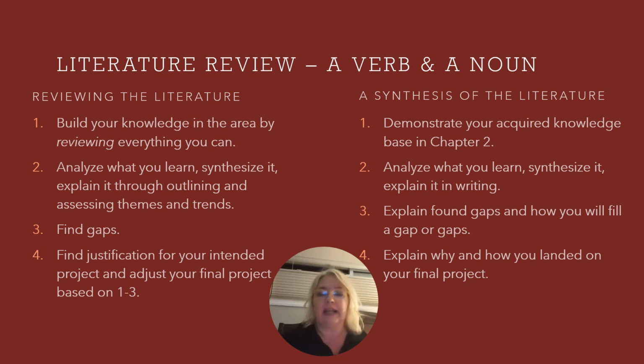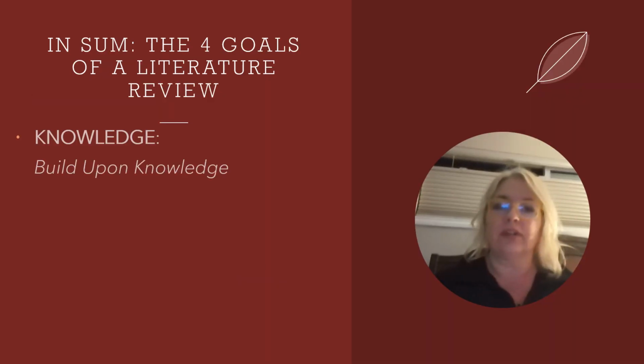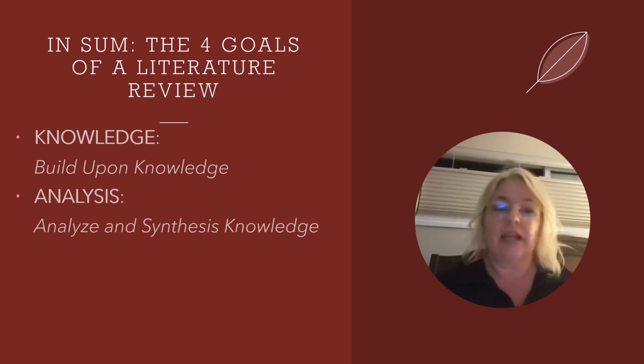So whether you're engaging in reviewing the literature, or showing us your final literature review, the verb or the noun, the focus areas are still the same 4. In sum, the 4 goals of a literature review are based on knowledge, building upon your knowledge expansively and comprehensively until you can't find anything more and you're just coming up with repeat information.